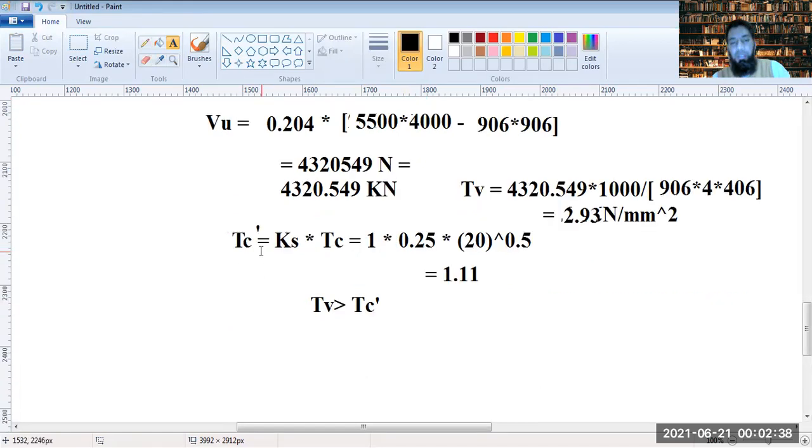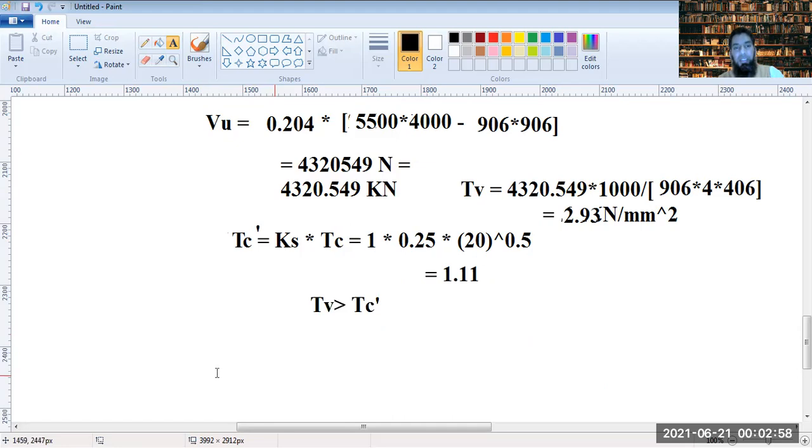So we're actually getting tau v greater than tau c dash. That means this is actually failing in this direction. So you actually need to redesign for this criteria by taking a deeper section.